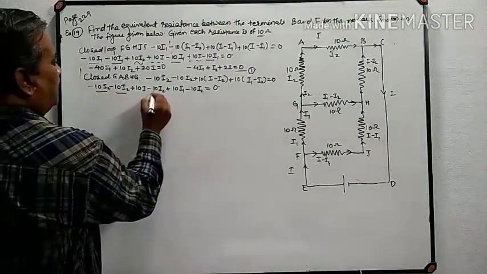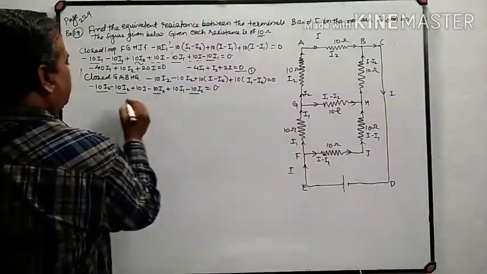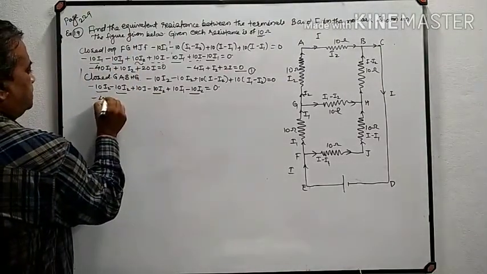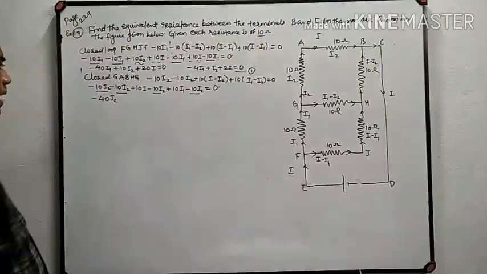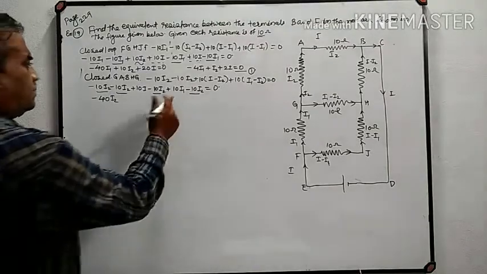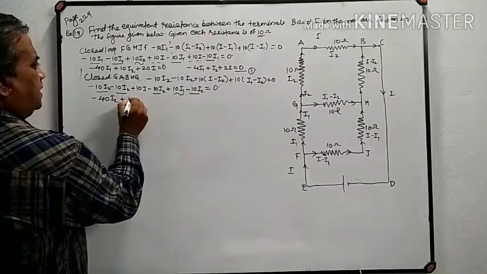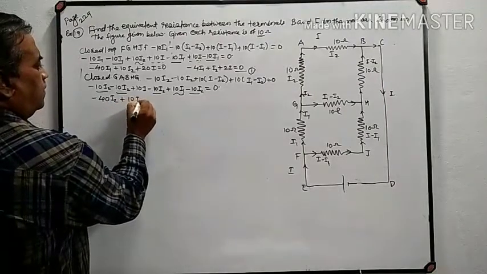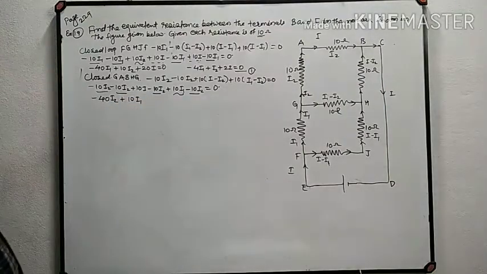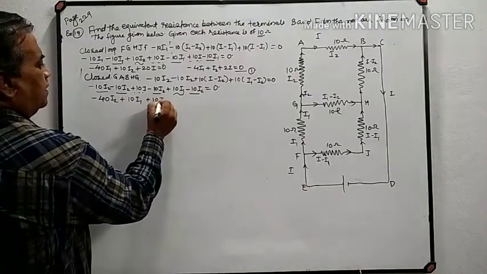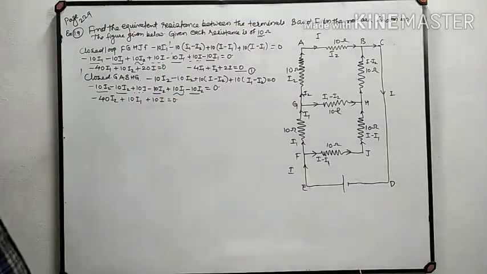Minus 10 I2, minus 10 I2, minus 10 I2, minus 10 I2 means minus 40 I2. Collect the terms of I1. This is plus 10 I1. And the term of I is plus 10 I is equal to 0.